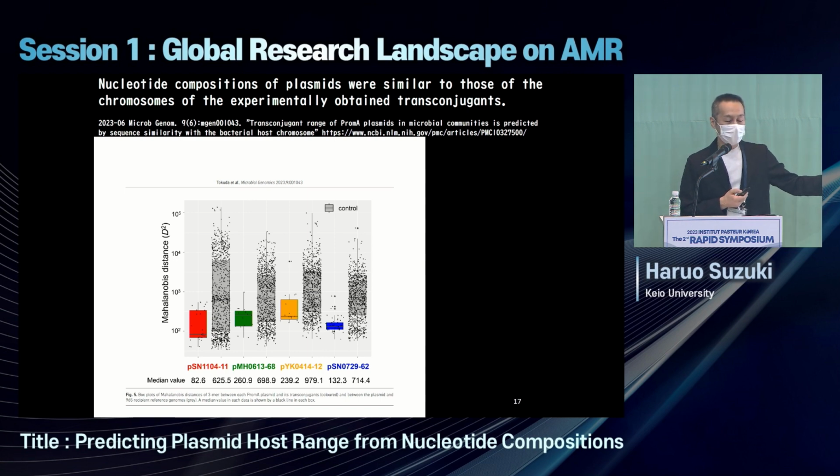As clearly shown here, the similarity in nucleotide composition between transconjugants and plasmids is highest. A lower Mahalanobis distance means higher similarity. So this result shows that the nucleotide composition of plasmids was similar to that of the chromosomes of the experimentally determined transconjugants.